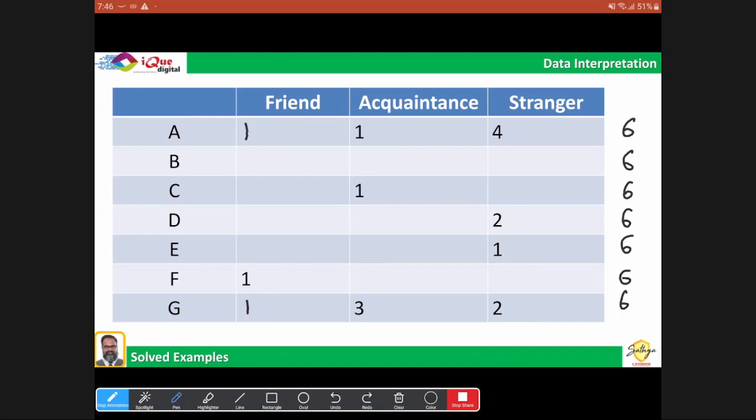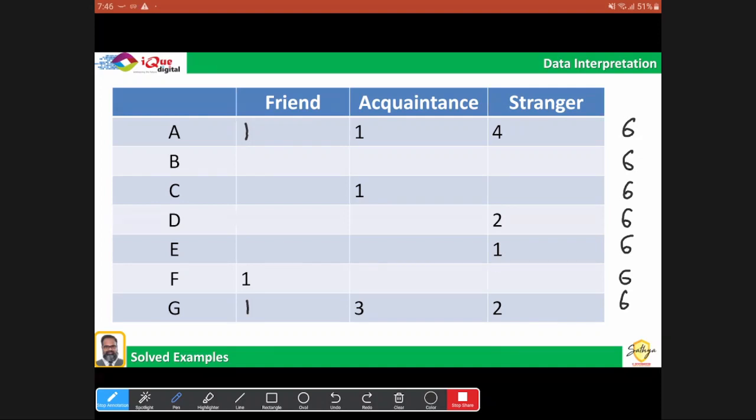Did you get this data so far? Do you understand how I got those numbers 1 and 1 for A and G in the friends column? That's easy. Now we start putting in the information. It says that Amuda, Bharatan and Chandran are mutual strangers.